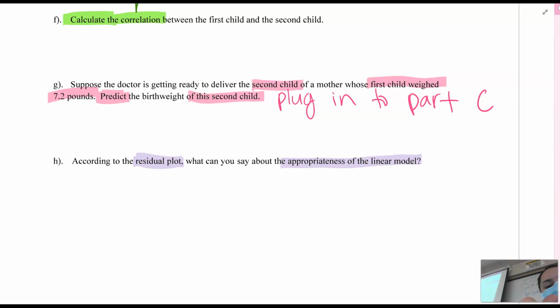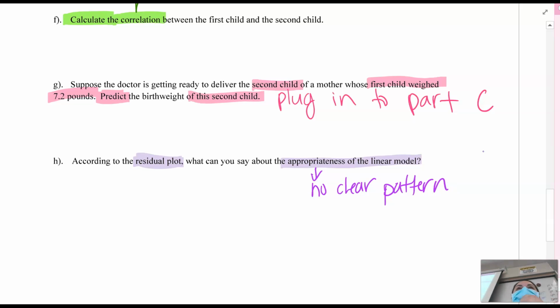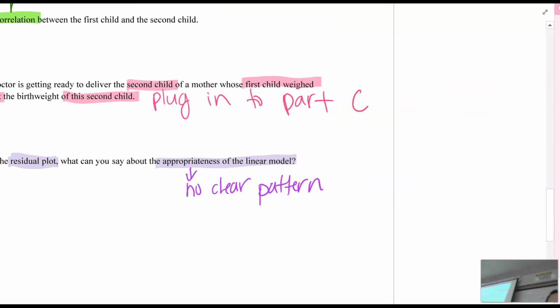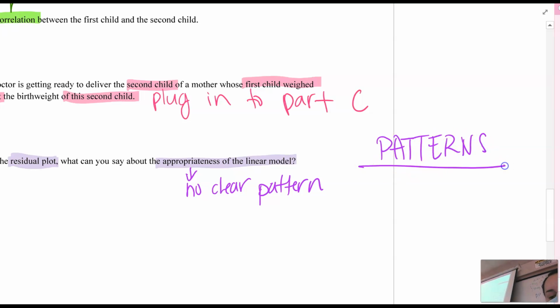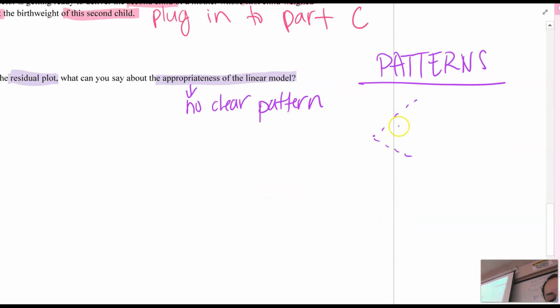So remember, if it's appropriate, there's no clear pattern. If there's no clear pattern in the residual plot, then it is appropriate. However, if you see a pattern, let's say for the patterns, it can either be fanning outwards, so something scattered but it looks like it's fanning outwards, or something that's fanning inwards.